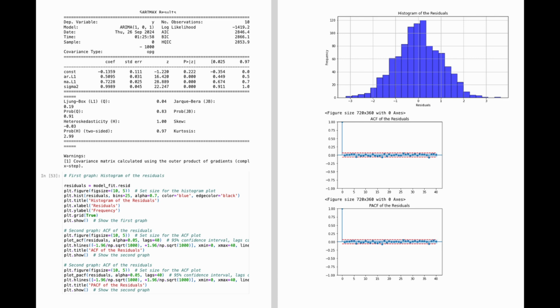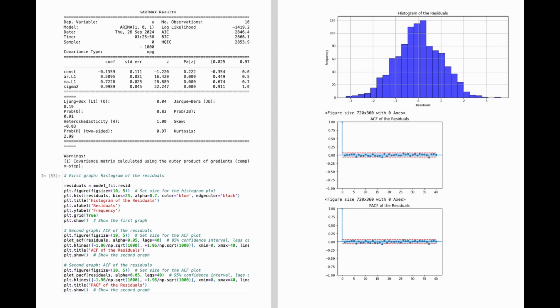In the next graph, the ACF and PACF plots of the residuals show that all lags are within the threshold of plus or minus 1.96 over the square root of 1,000, where 1,000 is the total sample size. This indicates the residuals are likely uncorrelated, consistent with white noise.